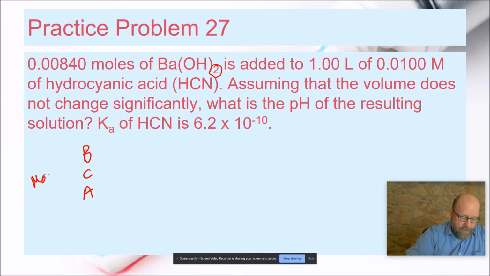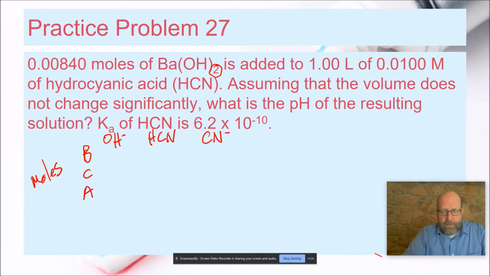And remember that the Chewbacca table is always in moles. It's raining men. So let's put our hydroxide here because we've got to be careful of that too. And we'll just go ahead and put HCN in here. And well, let's see, the conjugate base is this cyanide ion, right? So we'll let that sit. We may or may not need it.